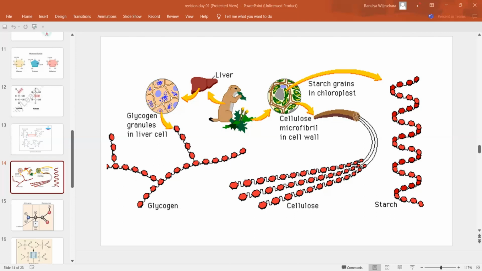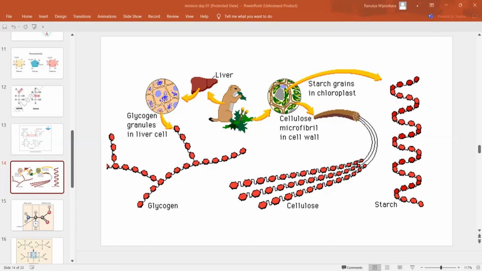Next point, having general molecular formula CH2O n. Okay. Next point. All monosaccharides are reducing sugars.